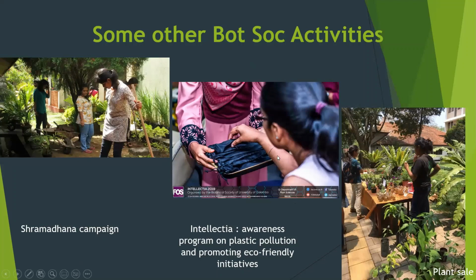The middle picture was taken at one such initiative where the BOTSOC group was distributing reusable metal straws in place of disposable plastic straws, so that we could use them over and over again.